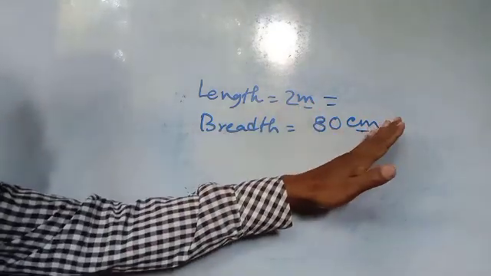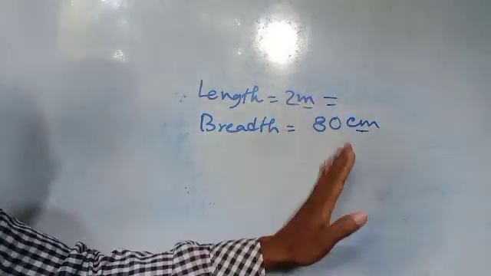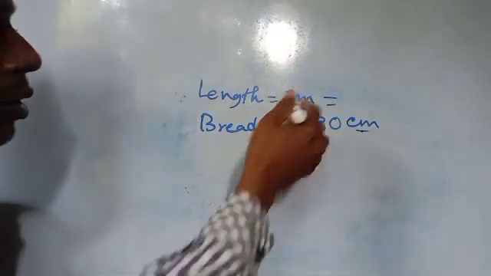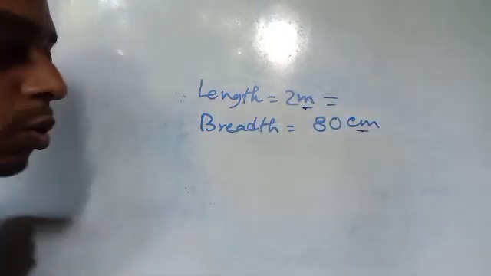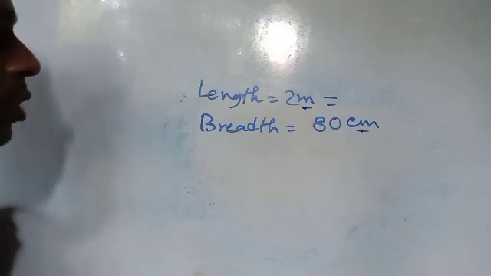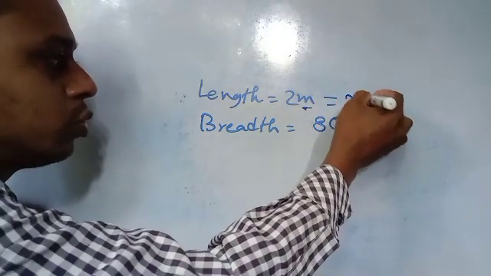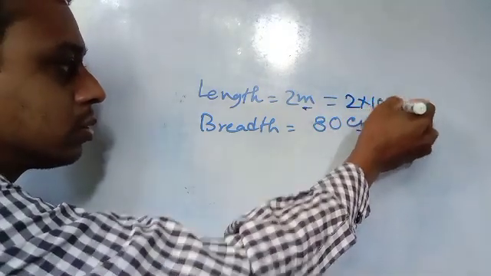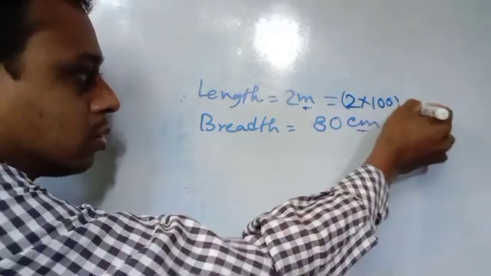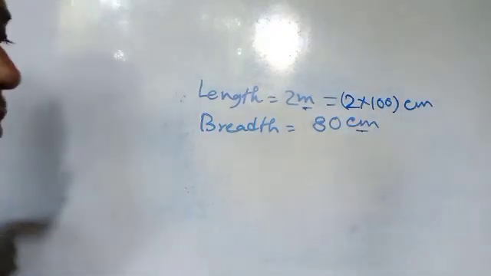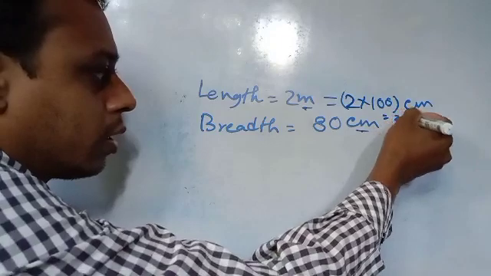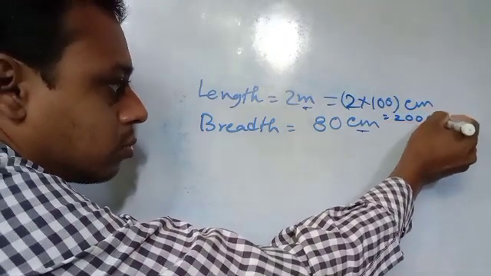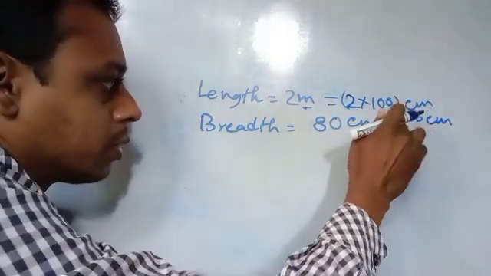It is not required every time. Higher unit you convert to lower unit, then it will be easy for you. So 2 meter is equal to 2 into 100 centimeter, that is 200 centimeter.